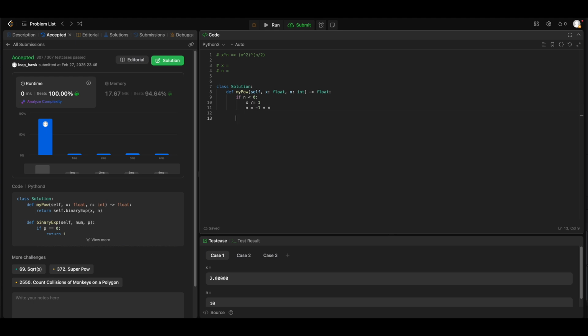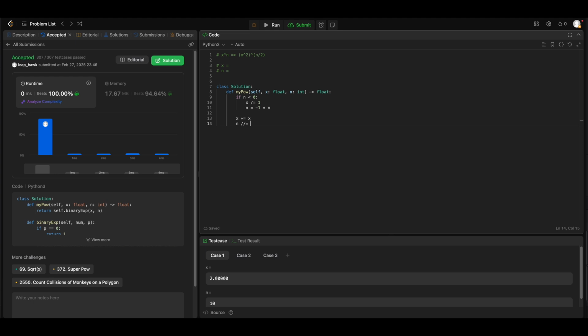Now what we need to do is take the square of the number. So we say x square, or let's say we simply modify the value of x in place. Square is nothing but multiplying the number by itself, and then we said we can divide the power by 2.